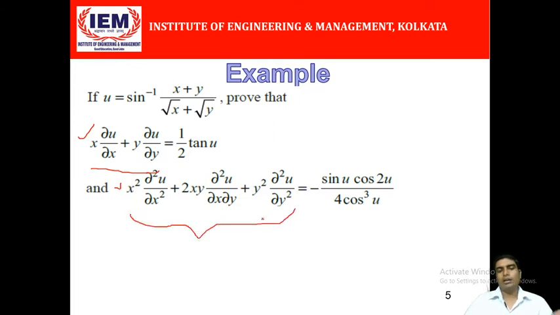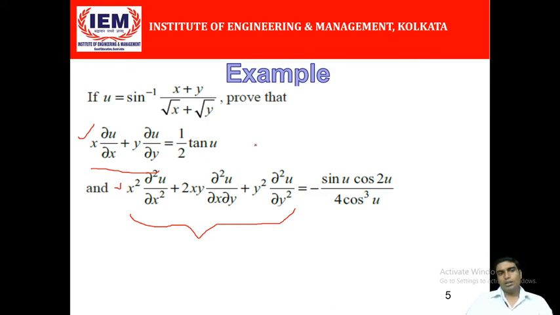So, if you directly prove this equality from the given equation, finding the partial derivative of u with respect to x of this function will take more time and is also complicated. But by using this Euler theorem, I can easily show this equality.